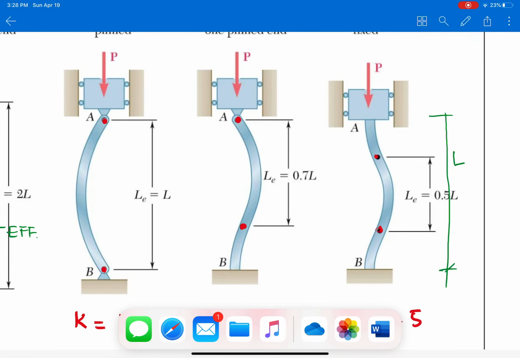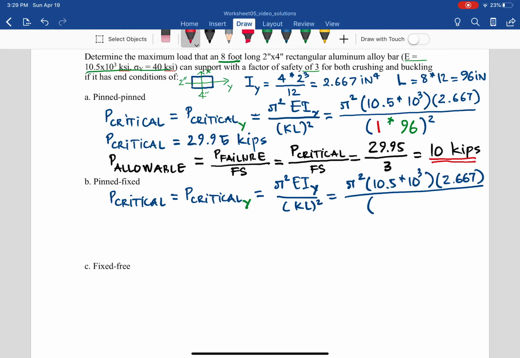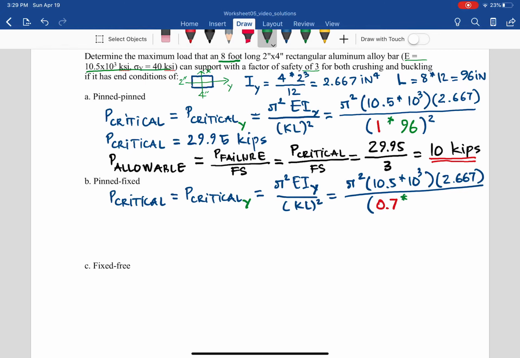So from that, go back to here, it equals 0.7 times 96, squared, and from that we can have the P critical equal to 61.14 kips.